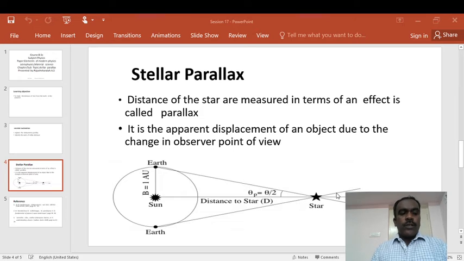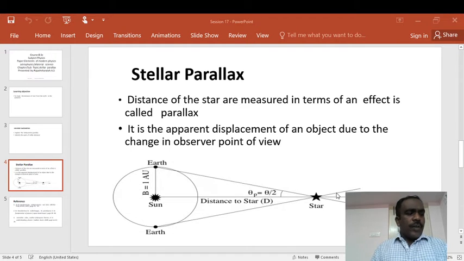And we have studied different units of stellar distance: light year, parsec, and astronomical unit. The distance traveled by light in 1 year is called a light year. The distance at which a star has a parallax of one arc second is called a parsec. 1 parsec is equal to 3.26 light years.